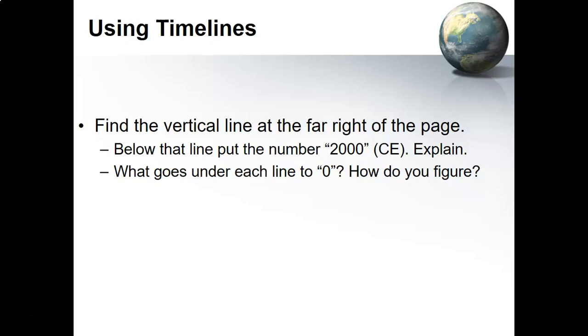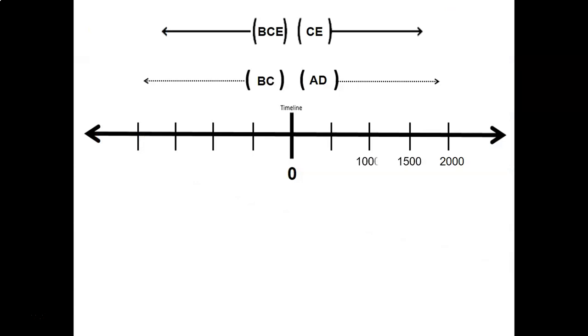But now what I want you to think about is you've got 0 in the center and then 2000 to the right. How are you going to label those vertical lines that come in between? And how did you determine that? Well, the way that you're going to do it is in increments of 500. So if you're going from right to left, 1500, 1000, 500, 0.